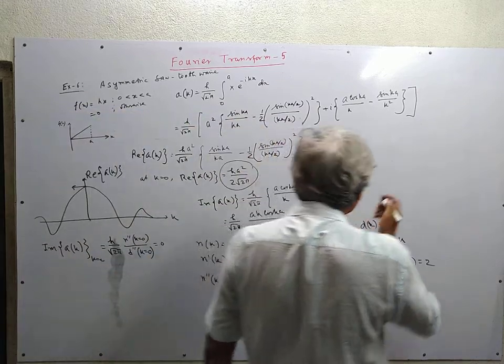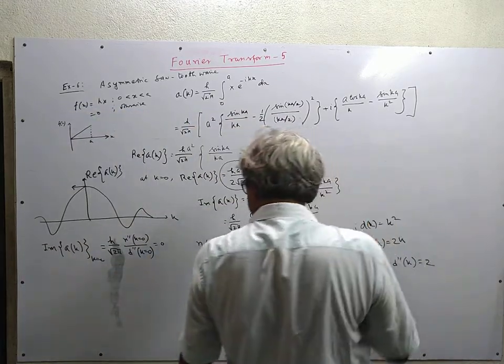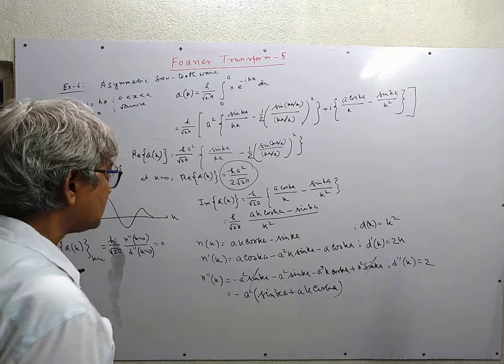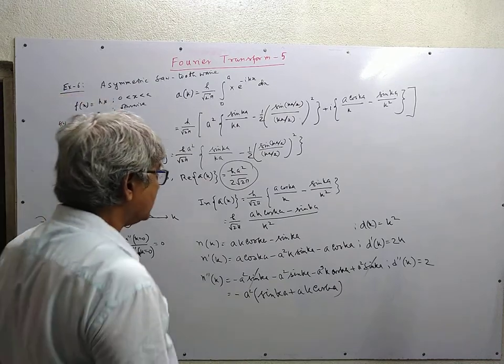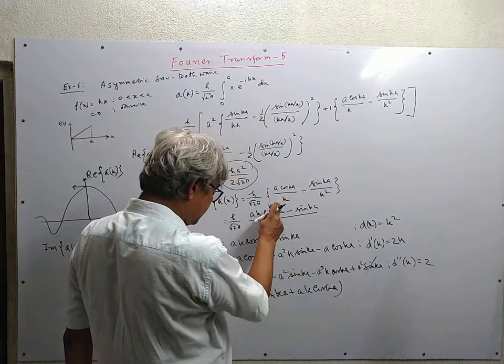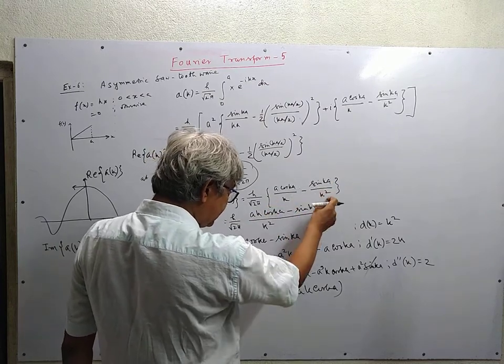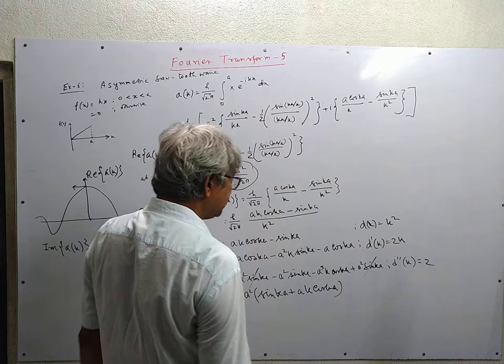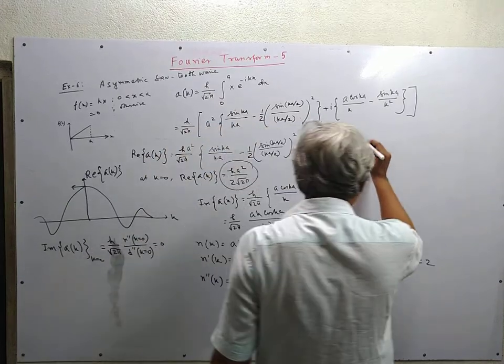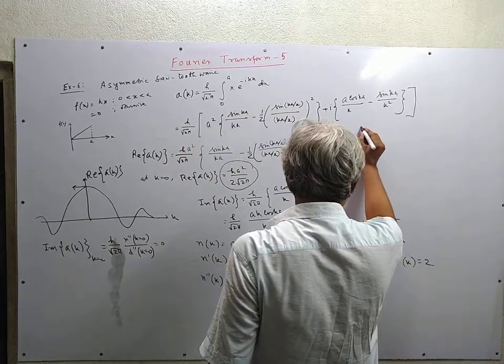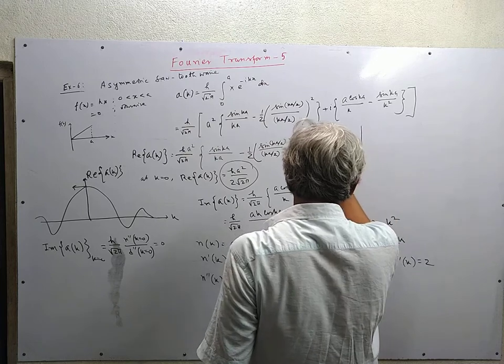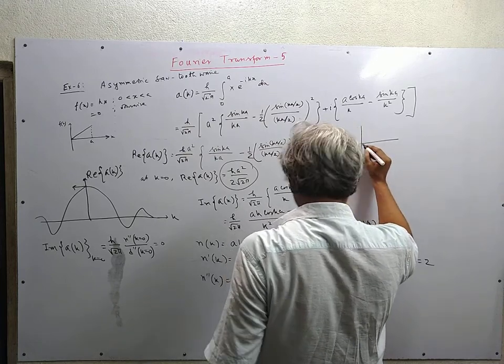Thus it is easy to see that it is an odd function, because the numerator is even, the denominator is odd, and this is even. So this is the addition of two odd functions, which is again an odd function.